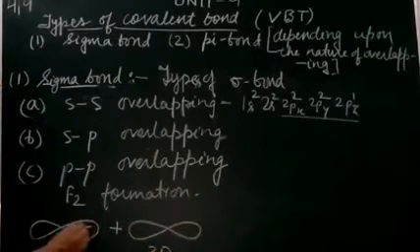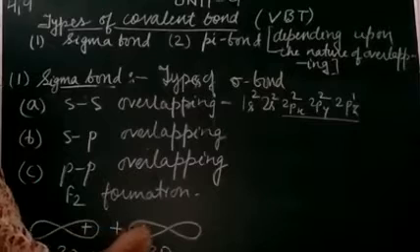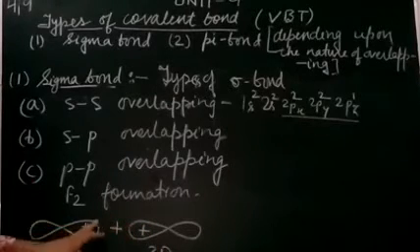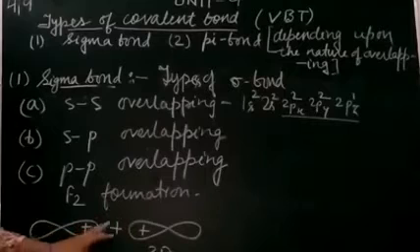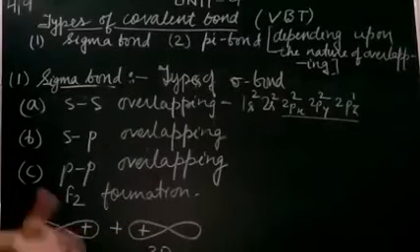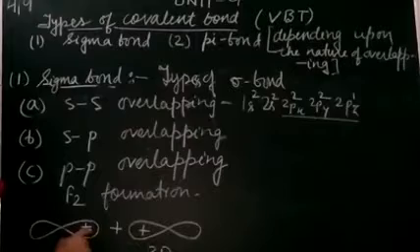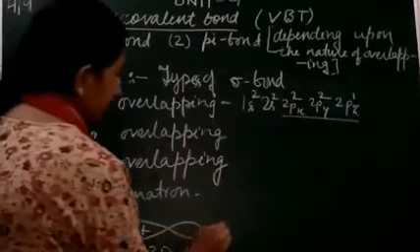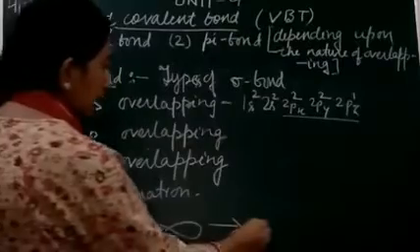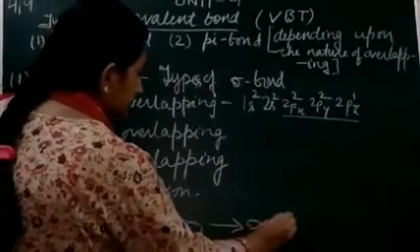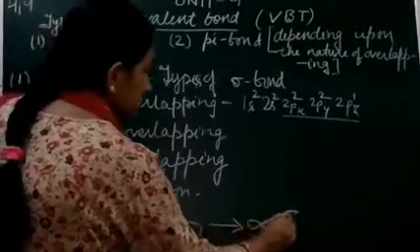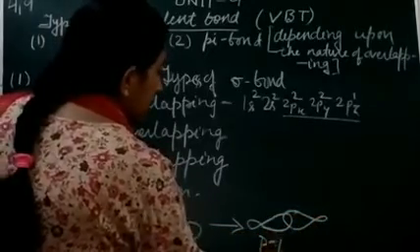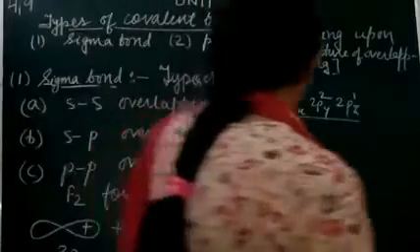Now one thing I want to mention here is that the overlapping will always be of the same sign. This is plus, this will be plus. We are going to discuss it again later. So it is plus and plus, or if it is minus, it will also be minus. So overlapping will take place. This is the pp overlapping which is taking place here.